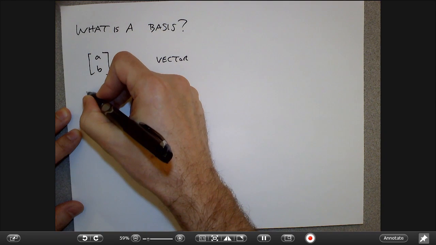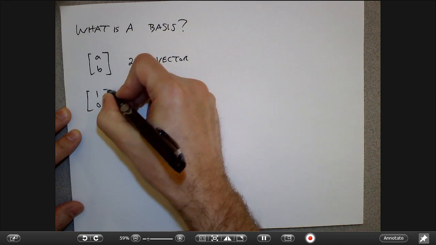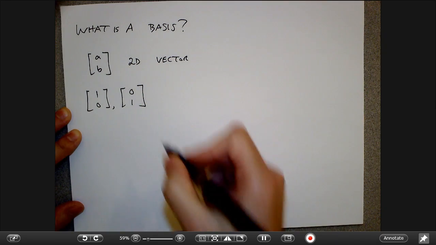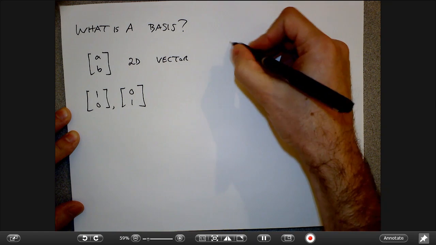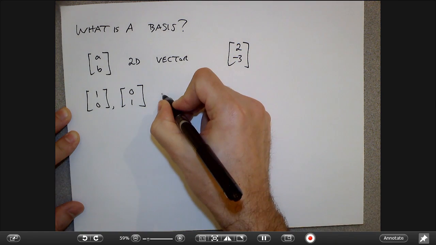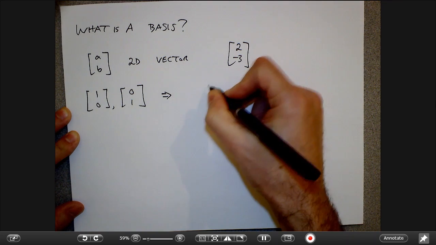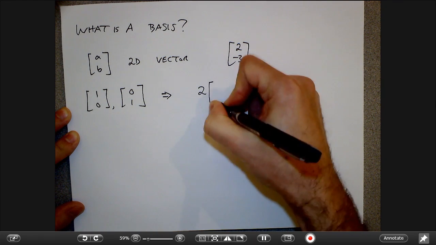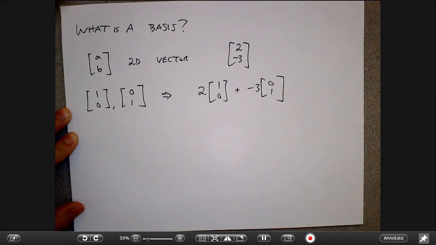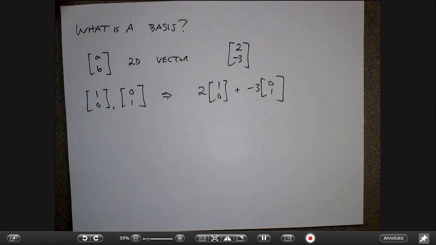One is the standard basis, which I would call the Cartesian basis. So, for example, let's use a concrete example. Suppose I had 2, minus 3. I could write this vector as 2 times this vector plus minus 3 times this vector. That's the easiest way to represent the signal.